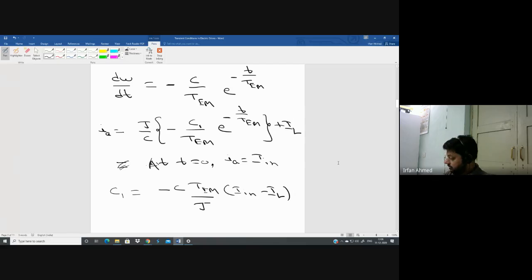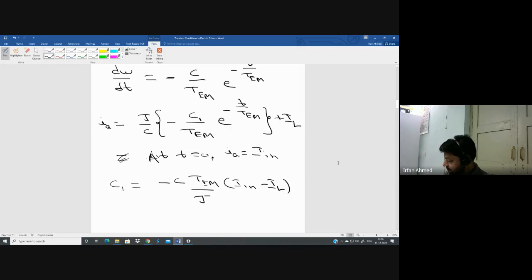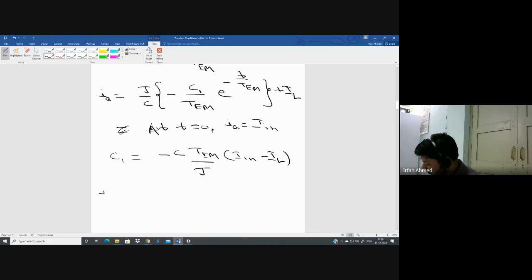If you substitute this in the above equation of IA, so IA becomes equal to minus J upon C TEM multiplied by C1.